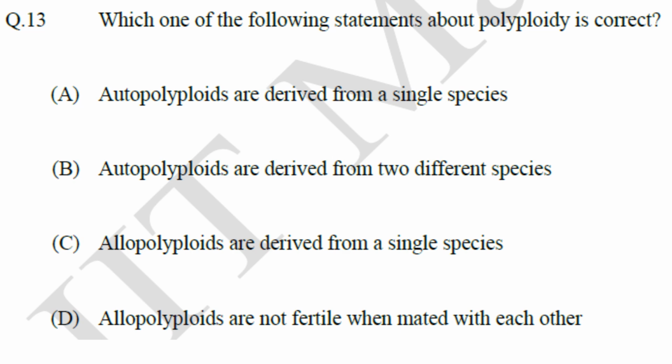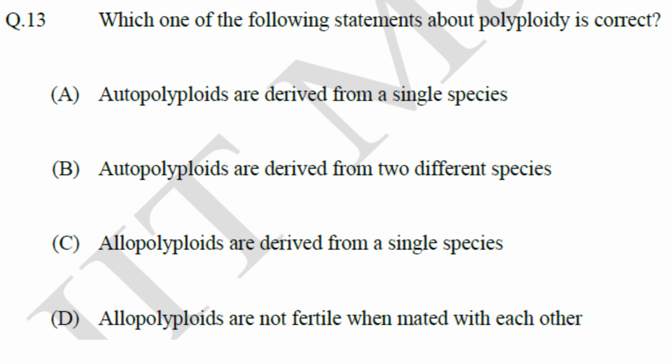Then next one. Which of the following statements about polyploidy is correct? Okay, autopolyploids and allopolyploids. Autopolyploids are derived from a single species and they result from doubling of the chromosomes within a single species, and they produce multiple sets of homologous chromosomes. Whereas allopolyploidy results from hybridization of two different species followed by doubling of the chromosomes, and it results in non-homologous chromosomes.